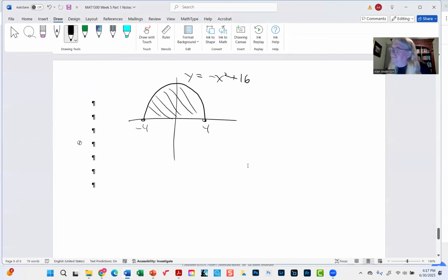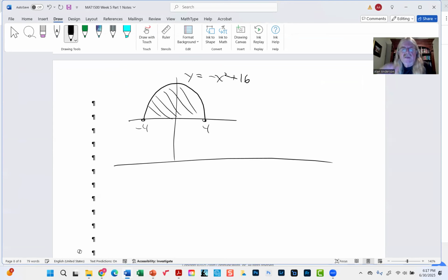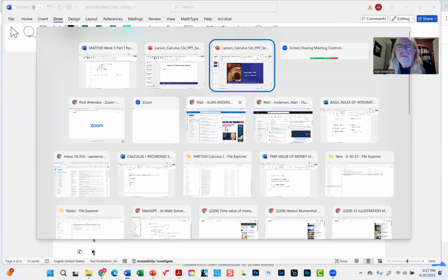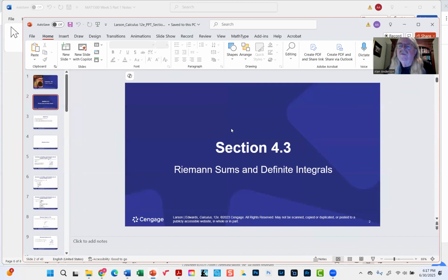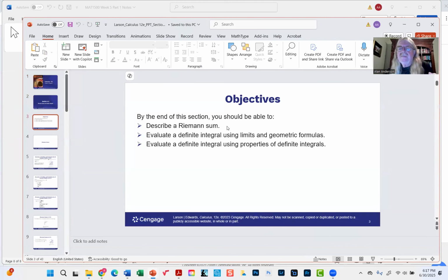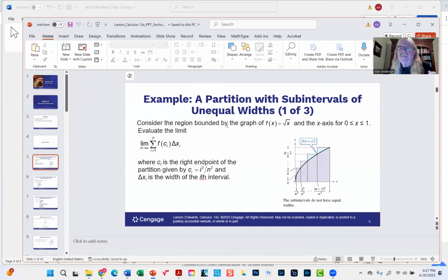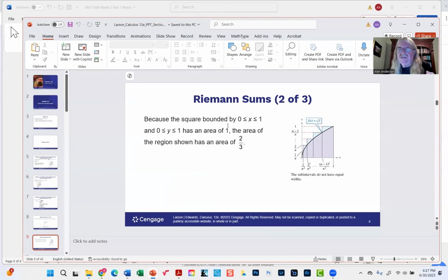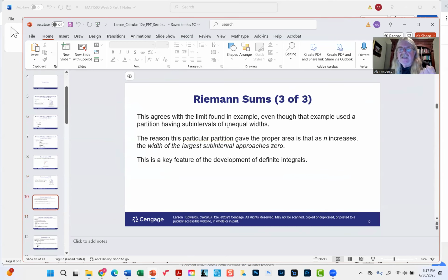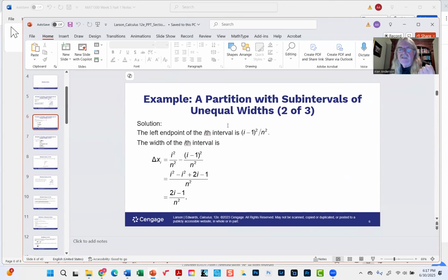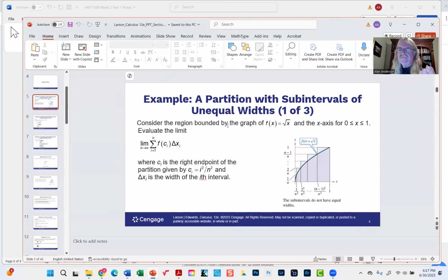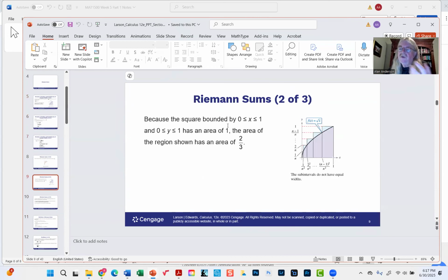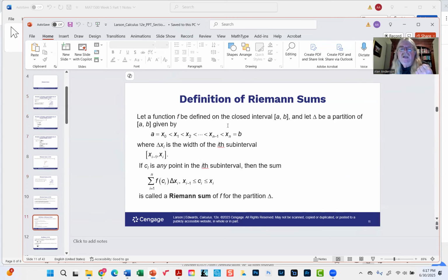So what's coming up next is 4.3, Riemann sums. Basically what you're seeing here is just everything we just did, except maybe at a higher, more advanced level. You can see they're taking all these intervals and breaking them up into rectangles to create what are called Riemann sums.